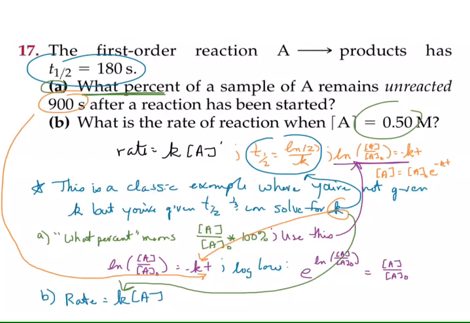Are we good with that? Okay, good. Since these are the same bases, this is a wonderful thing because it boils down simply to the molar concentration of A over A0 is equal to e raised to the negative kt.